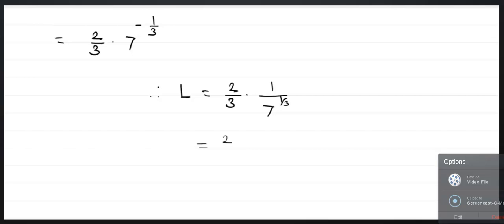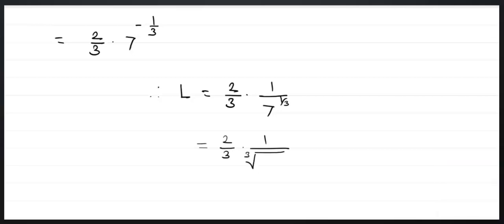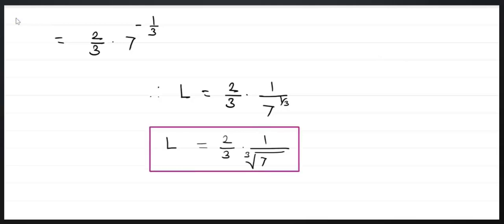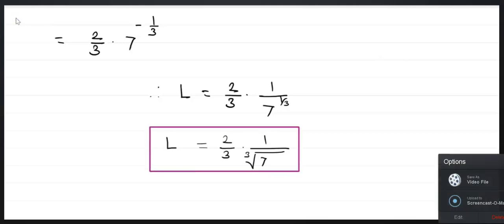Therefore the next is 2 upon 3 into the cubic root of 7, and this is the answer. Now see this. This is the final answer. That is 2 upon 3 into 1 upon cubic root of 7. Now we'll see the next example.